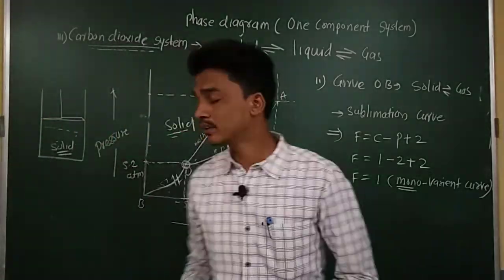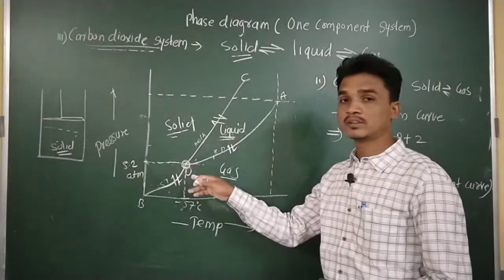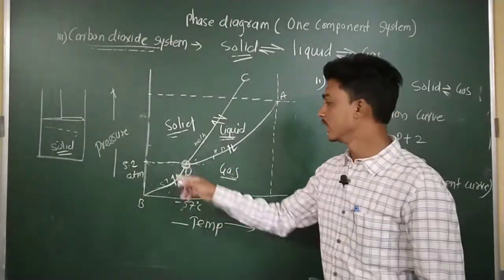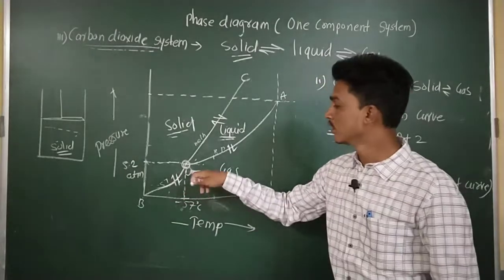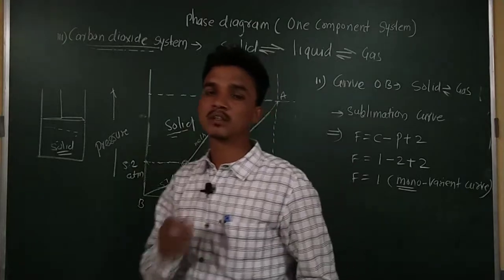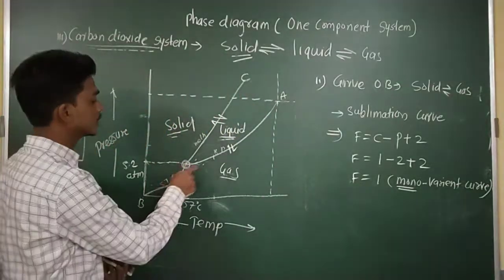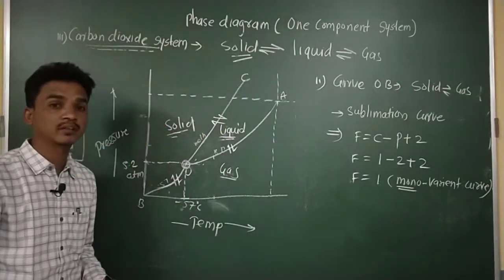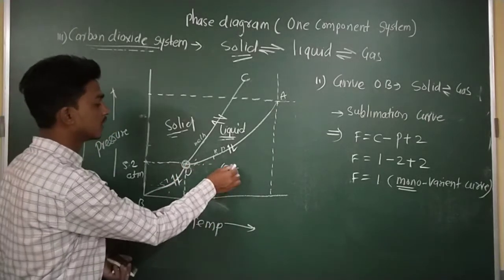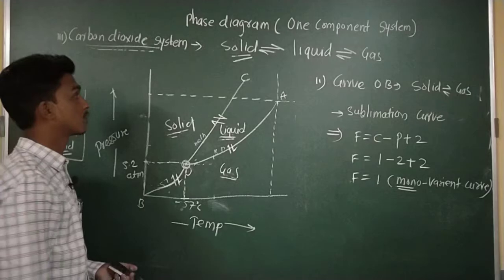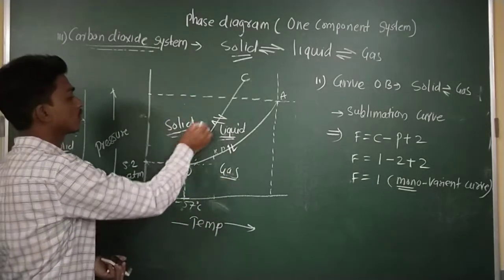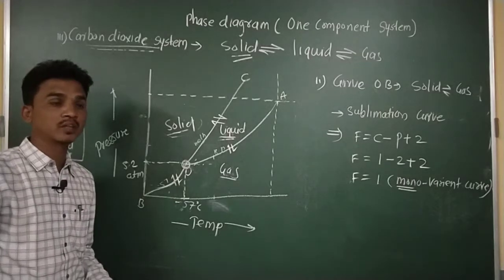Why a non-variant system? Because if you change the temperature and pressure from this point, you will get only 2 phases or 1 phase of carbon dioxide. If you change the temperature, what will happen? Only gaseous carbon dioxide exists in the beaker. If you change the pressure, only solid carbon dioxide exists.